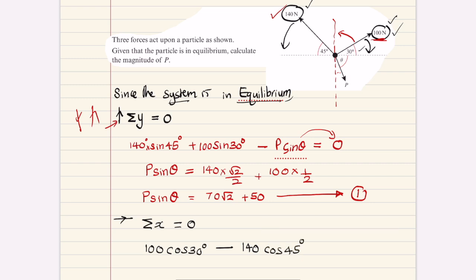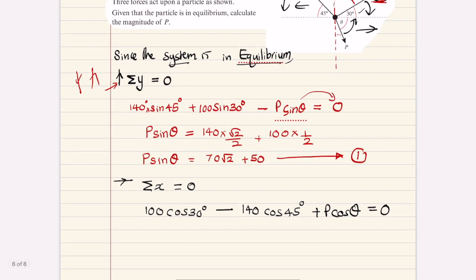It is minus because it's opposite to the direction we considered. 140 is acting in that way. And how about this P force? This P force has a positive effect on the direction that we consider, so it will be plus P cos theta, because we are going through the angle, it will be cos. That will be my equation.